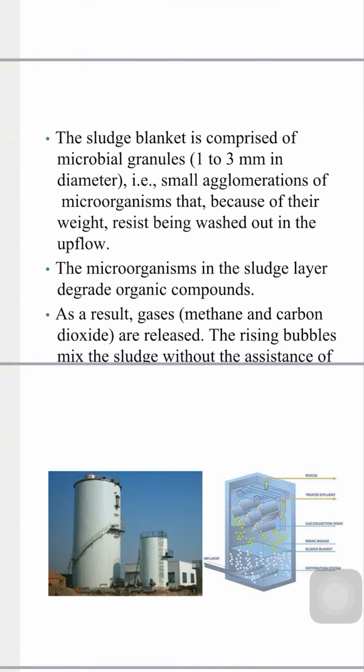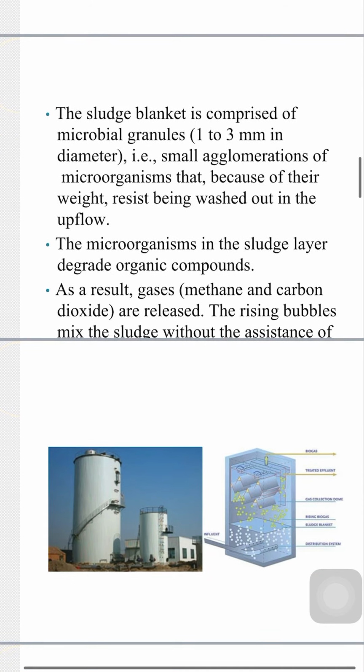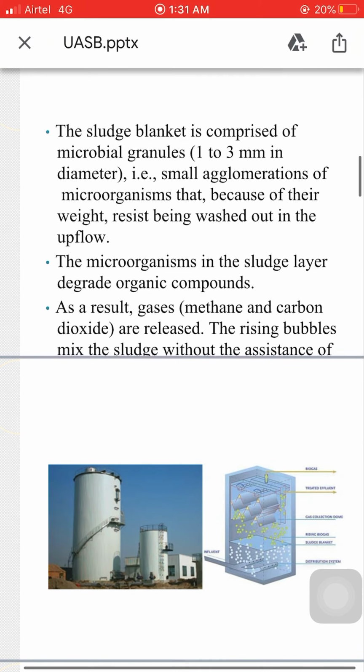After several weeks of use, large granules of sludge form, which in turn act as a filter for the smaller particles. As the effluent rises through the sludge blanket because of the upflow regime, granule-forming organisms accumulate as the others are washed out. The granules which are retained act as the sludge for the reactor. So this was a very effective treatment.